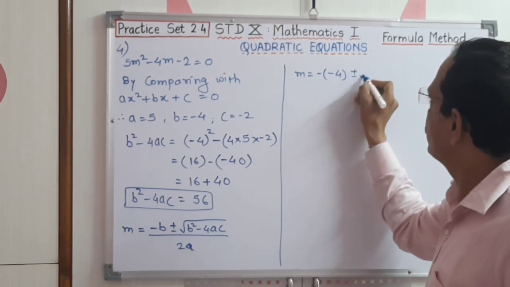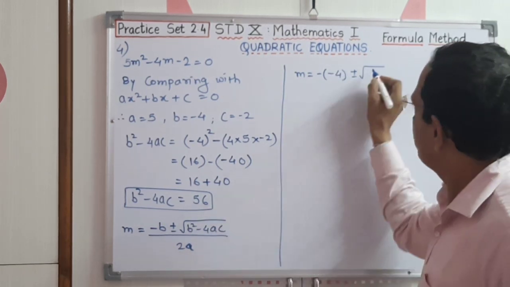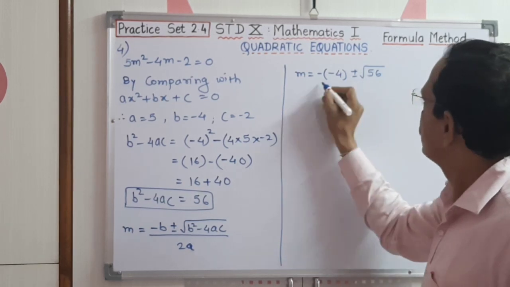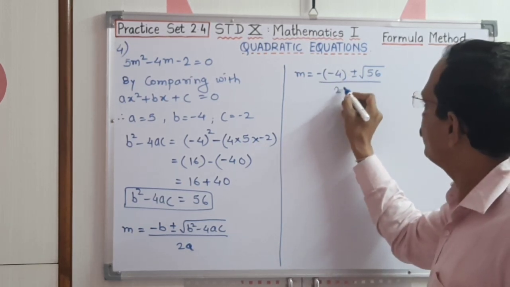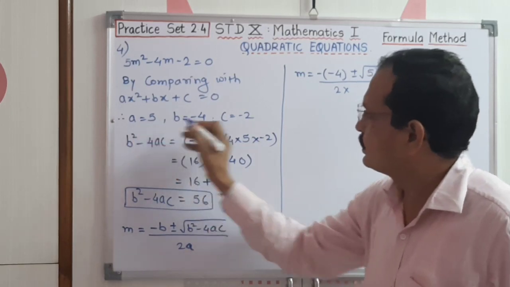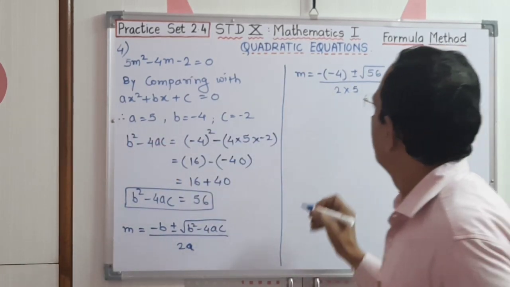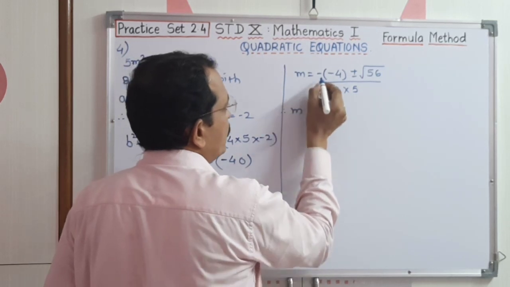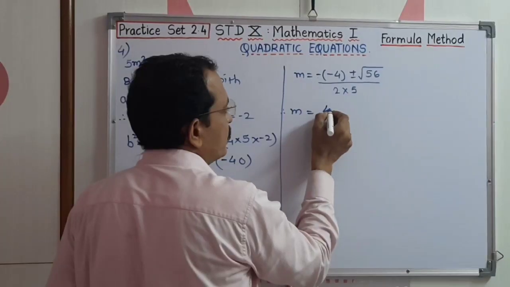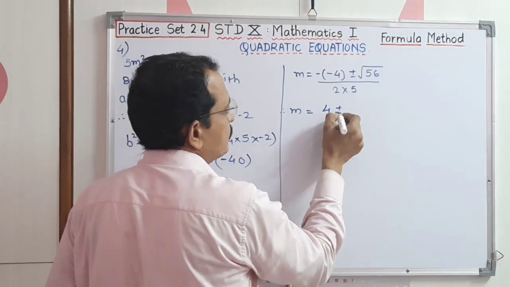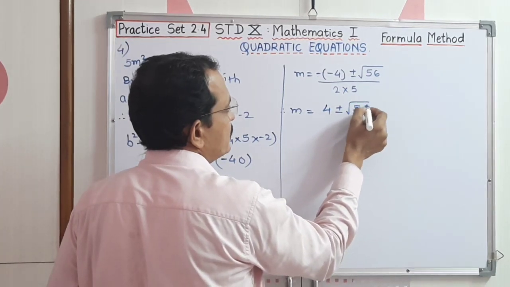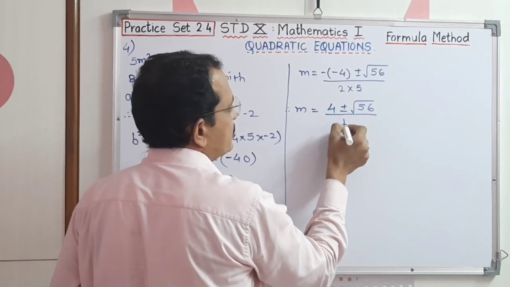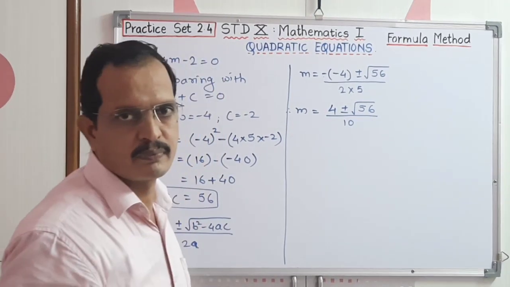Then plus minus under root 56 upon 2 into a is equal to 5. Therefore we got here m is equal to minus minus will become plus 4 plus minus under root 56, and here it is 5 2s are 10.